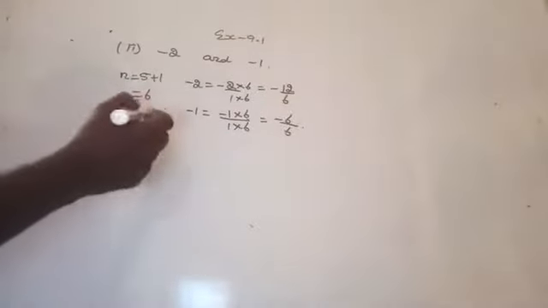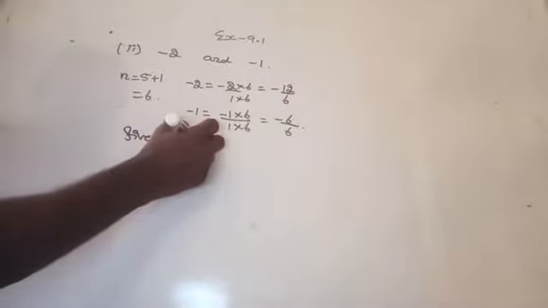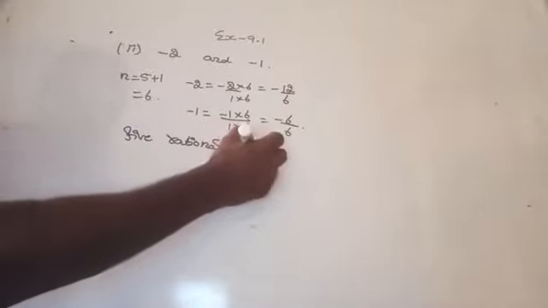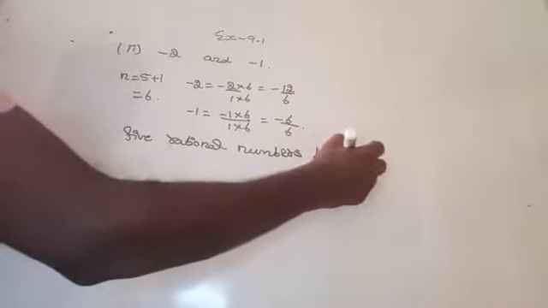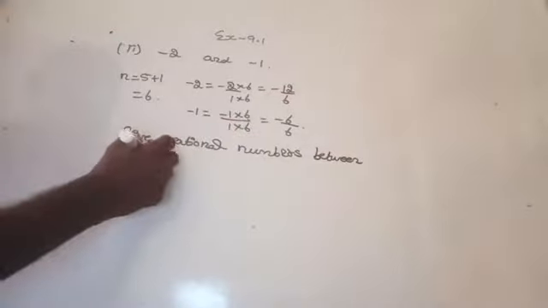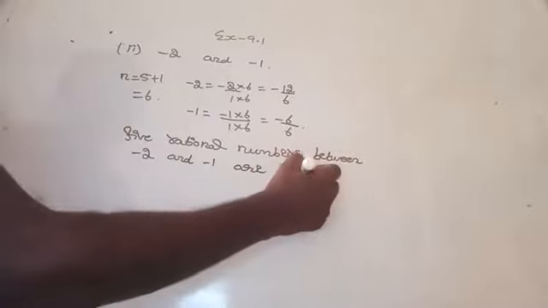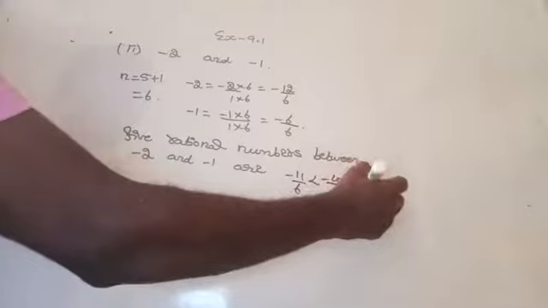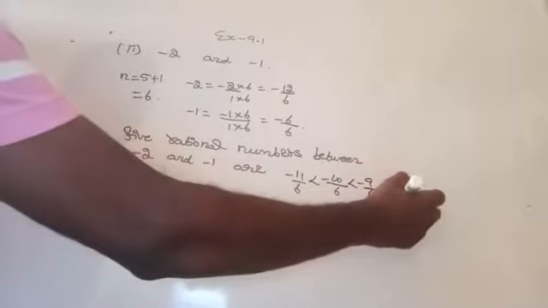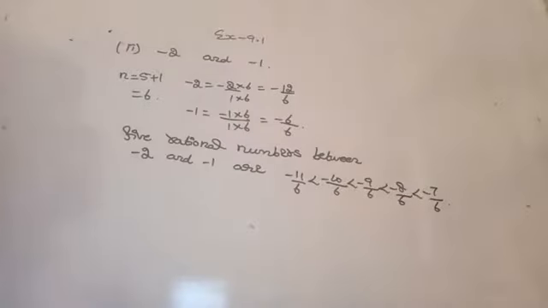So the 5 rational numbers between minus 2 and minus 1 are minus 11 by 6, minus 10 by 6, minus 9 by 6, minus 8 by 6 and minus 7 by 6. Are you getting there? Yes.